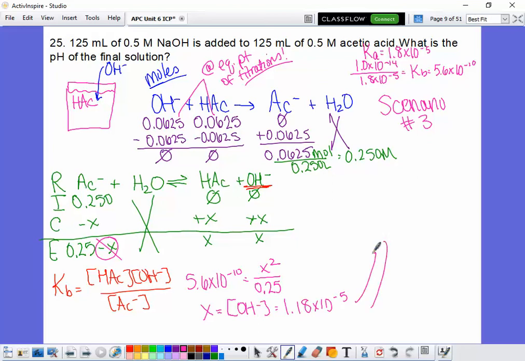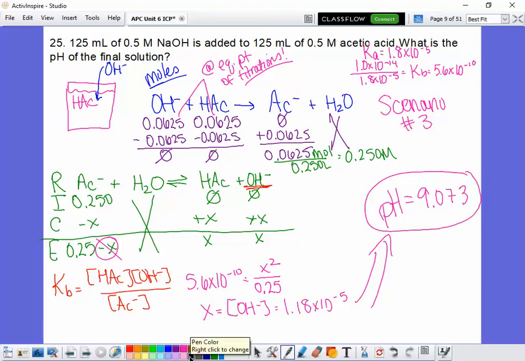And then through a couple calculations, you should get the pH equaling what? If I do negative log of that, right here I get pOH, and then 14 minus that. 9.07. 9.073. 3 sig figs. Yeah, totally right here. These were both 0.500s, so we had 3 sig figs in all my values of the problem. So we maintained 3 sig figs throughout.